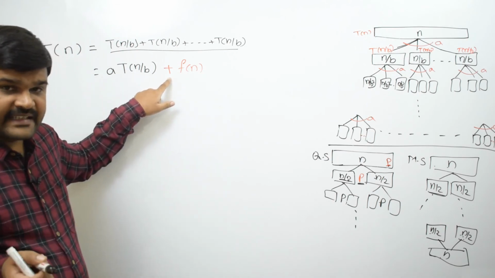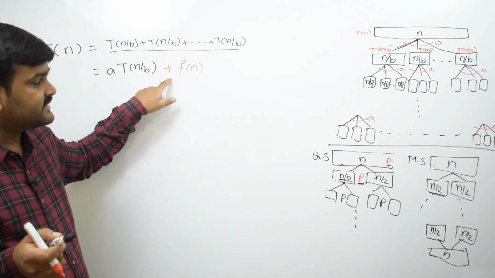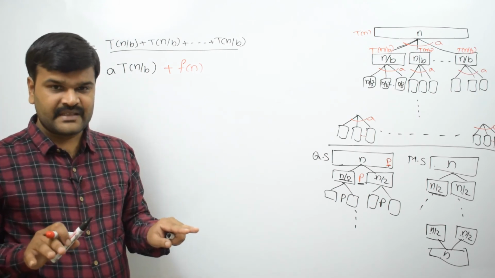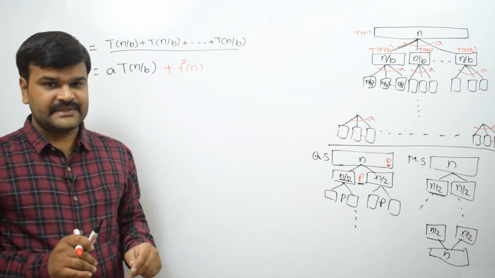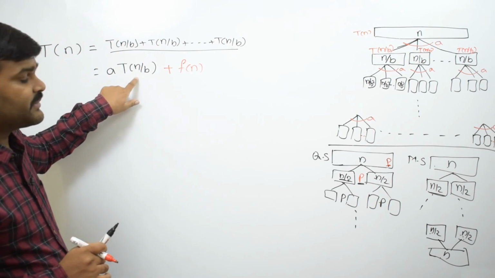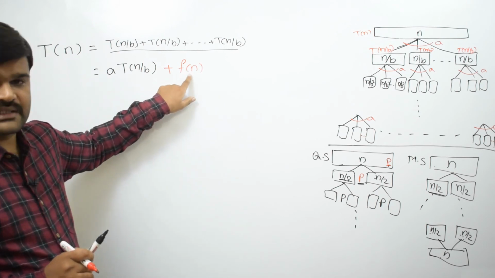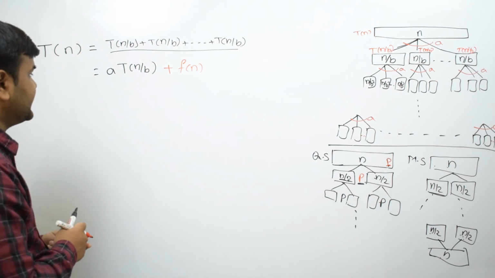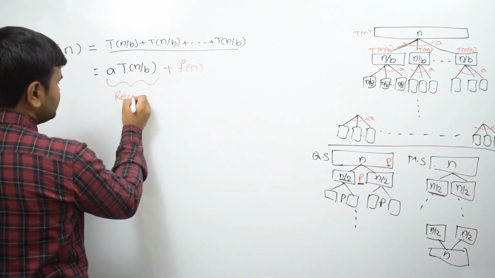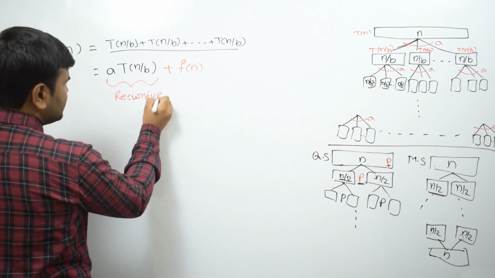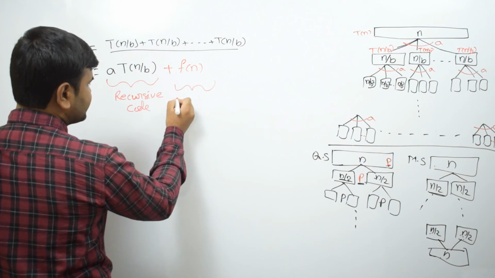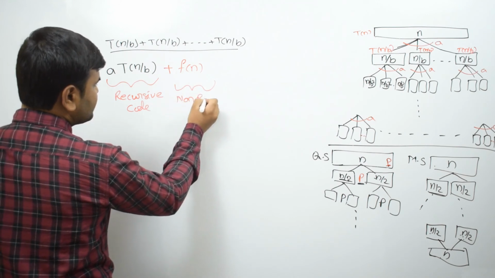Why are we adding? Because this work and this work are purely independent. That is why you have to add them. Either before subproblem solving or after subproblem solving, you are going for this work. So this is the time complexity for recursive code and this is the time complexity for non-recursive code.